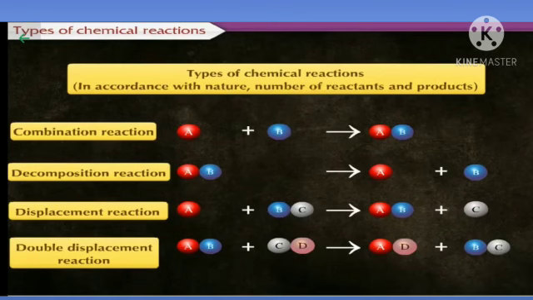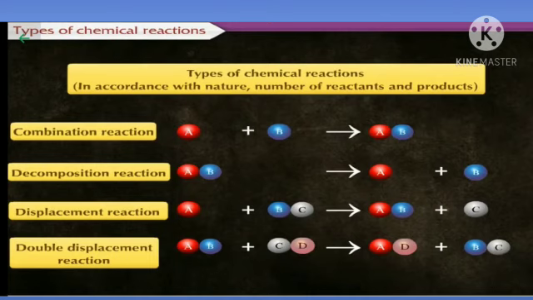Now let us see the summary of the types of chemical reaction. First one, combination reaction. In this reaction you can see A and B, two reactants, combine together to form the single product AB. In the decomposition reaction, you can see a single reactant AB decomposes and forms two different products, A and B. Now third one, see displacement reaction.